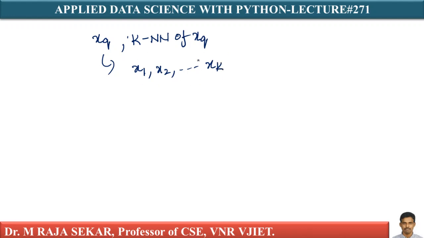Let me assume these x1, x2, up to xk are the K nearest neighbors of xq.